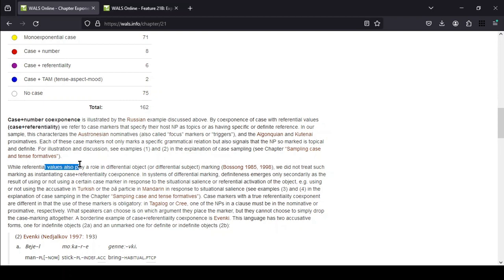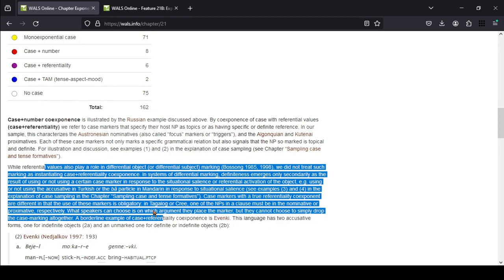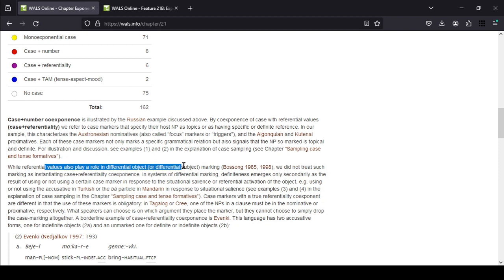Well, referential values also play a role in differential object or differential subject marking. We did not treat such marking as instantiating case plus referentiality coexponence. In systems of differential marking, definiteness emerges only secondarily. Okay, this is hard to read.